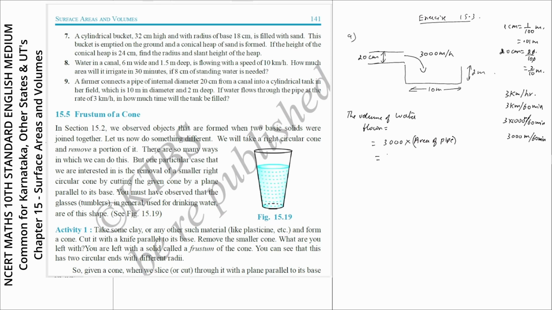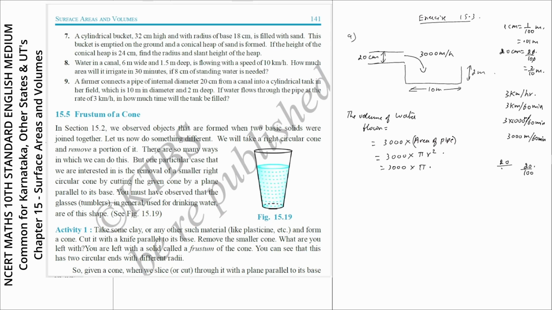So 3000 into, what is the area of pipe? That is pi r square. So this is equal to 3000 into pi into r square. What is r? r is half of diameter.